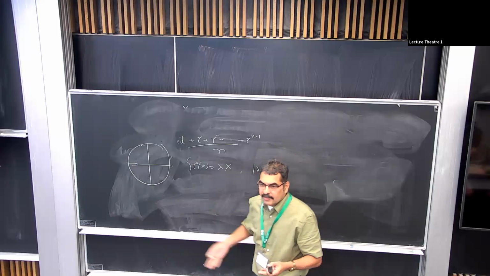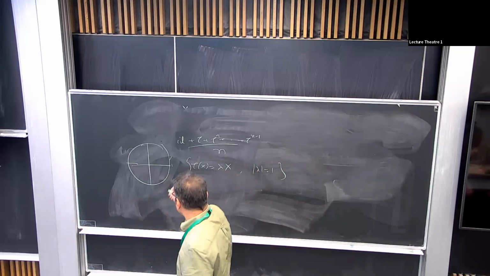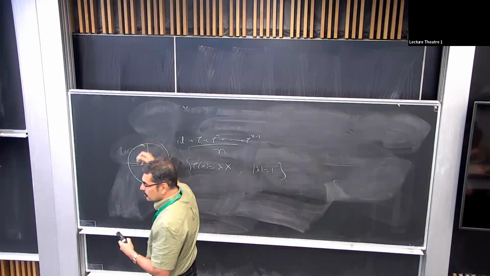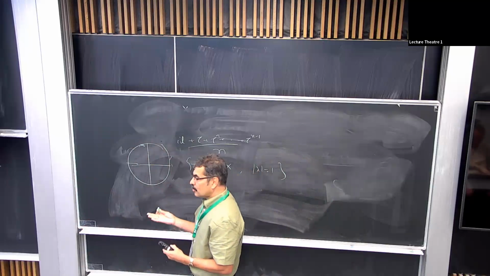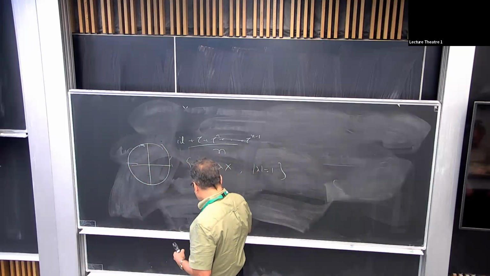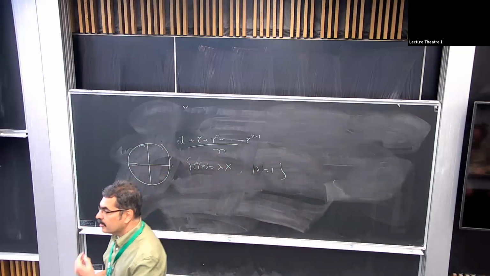We need to look at the peripheral ones, because like here, the -1 became a fixed point when you took tau square. The same way, other roots of unity would also contribute. So instead of just looking at the fixed points, we should look at all eigenvectors with modulus of the eigenvalue equal to 1, the peripheral eigenvectors.